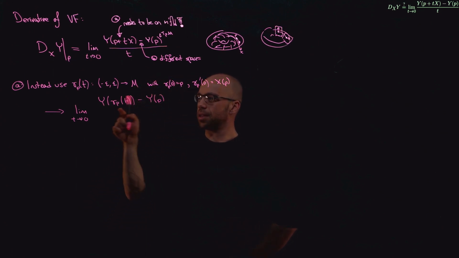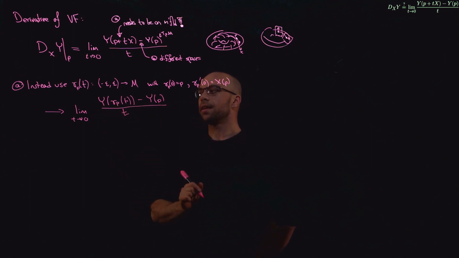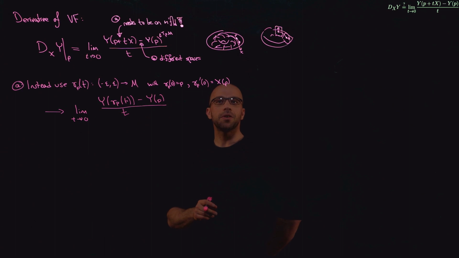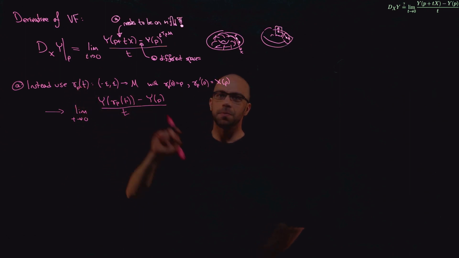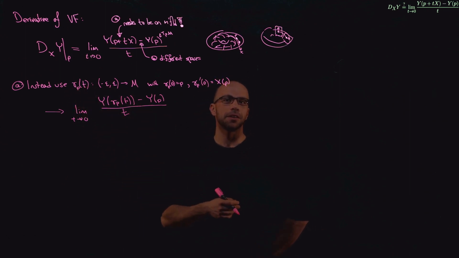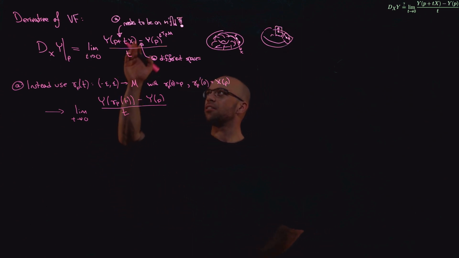Notice this is the same as y of gamma p of 0, divided by t. And now we've kind of solved problem A, generically speaking. Now, it might be that we want to choose a special curve gamma p, and that's somehow necessary in a particular definition of a derivative, but I think we can all agree that this is a reasonable, generic way to solve problem A.